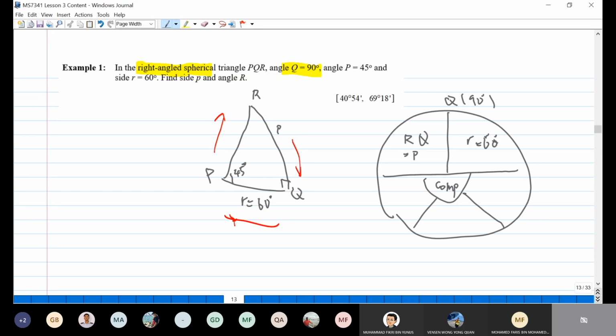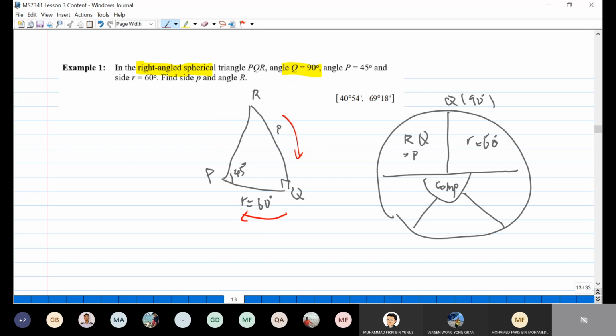Okay, from P to R. So actually I have moved from here. You can look carefully: P to R first, so I move from P. Then the angle Q, then Q to R.